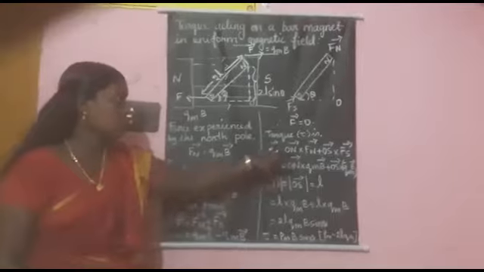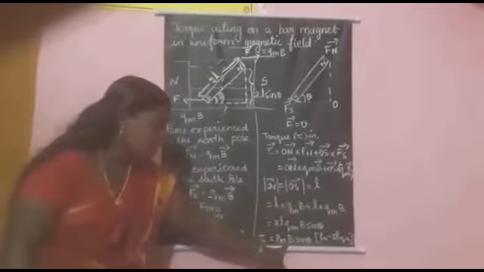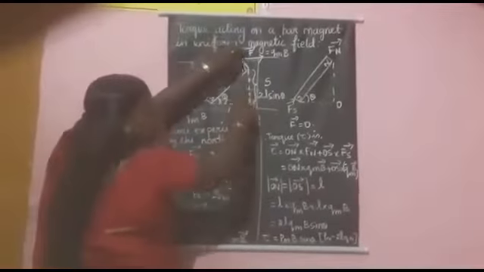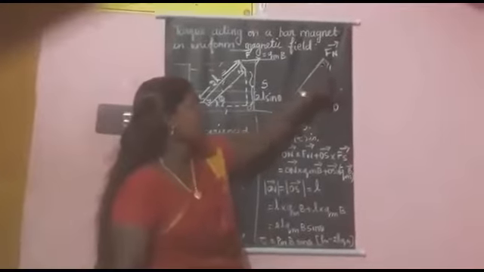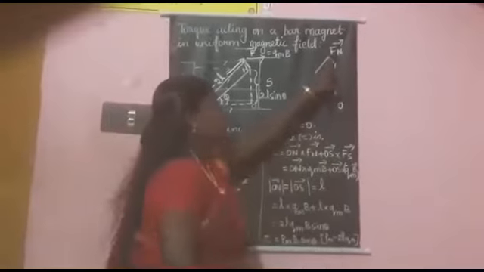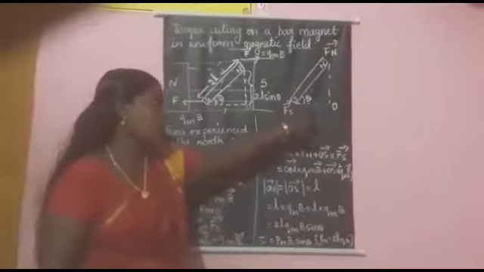This formula is derived from this diagram. Okay, so this small diagram we consider here. This is the north pole, south pole. This is the point O. Next, Fn vector and Fs vector are there, with the same angle theta.